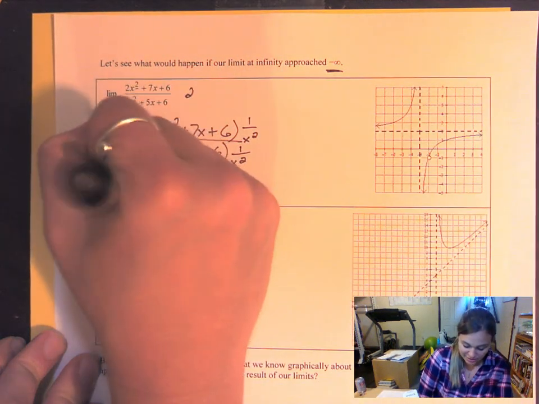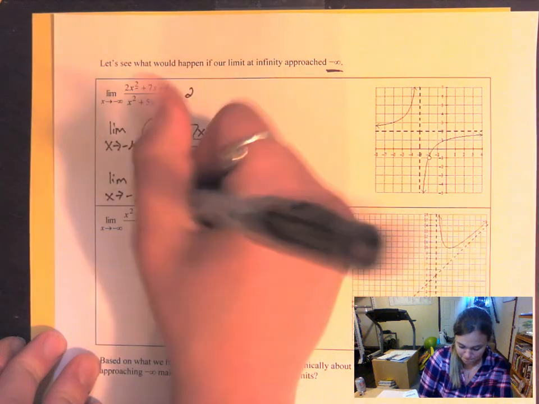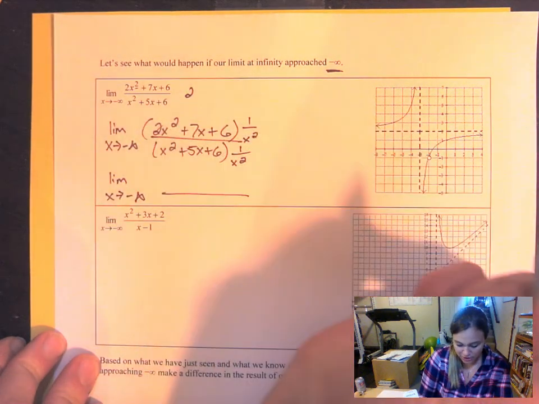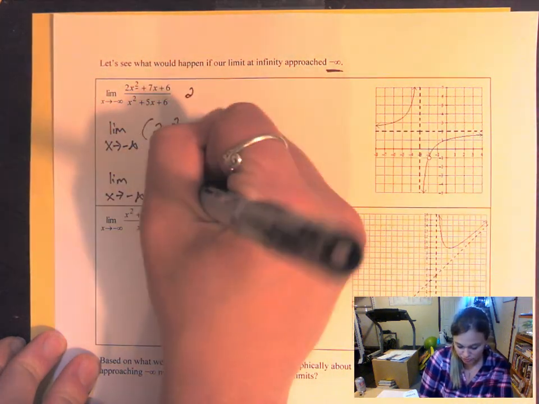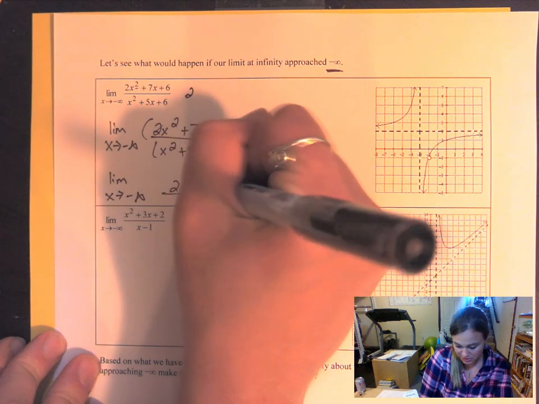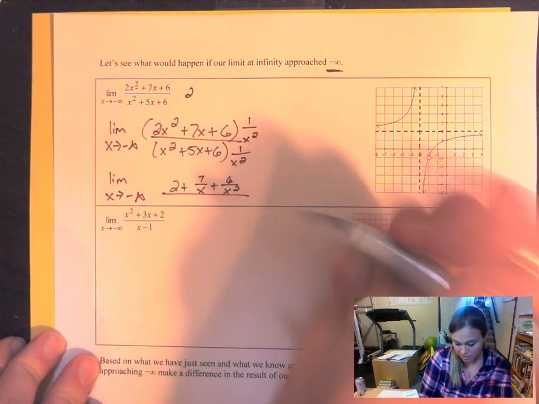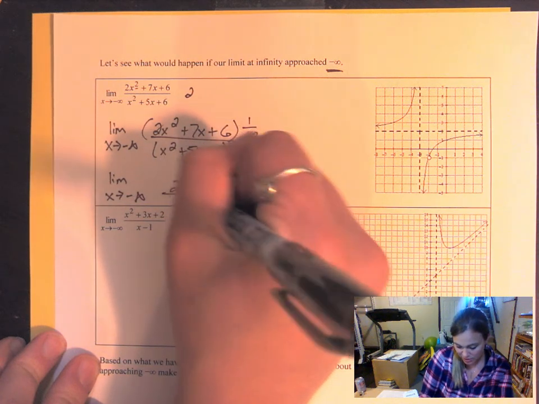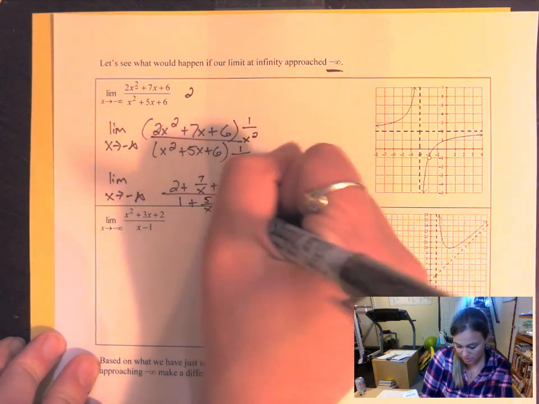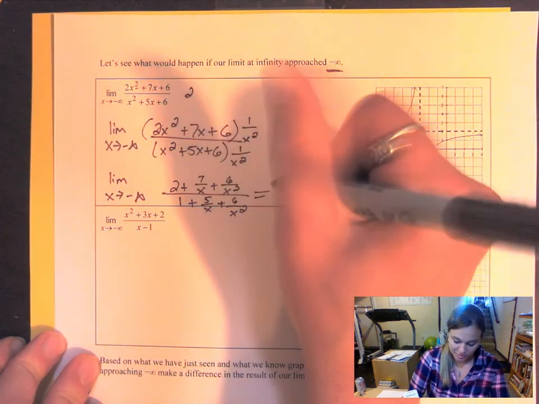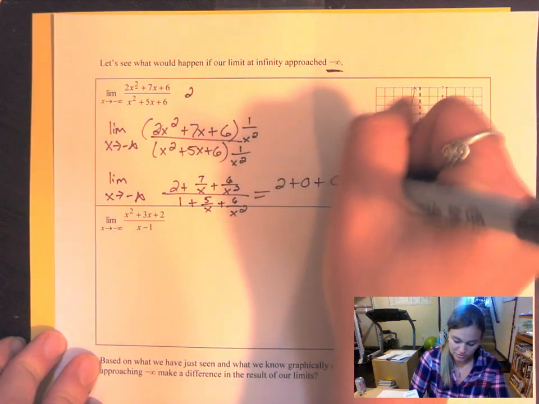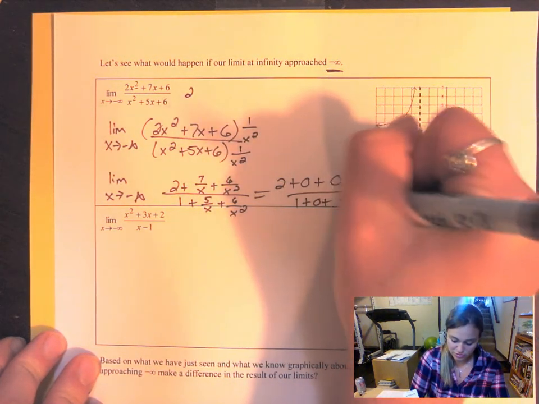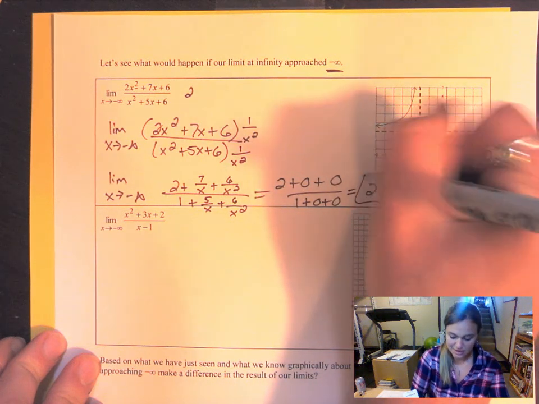Simplifying this, 2x squared over x squared would be 2 plus 7 over x plus 6 over x squared, divided by 1 plus 5 over x plus 6 over x squared. If I take the limit, I get 2 plus 0 plus 0 over 1 plus 0 plus 0. Hey, I got the same thing.